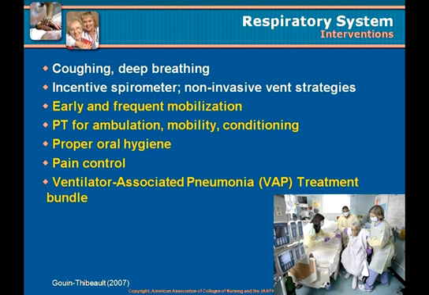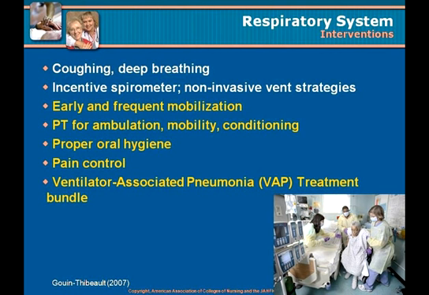That means really partnering with physical therapy for ambulation, mobility, and conditioning, even if in the very early stages of critical illness that just means passive range of motion and some upper extremity exercises.